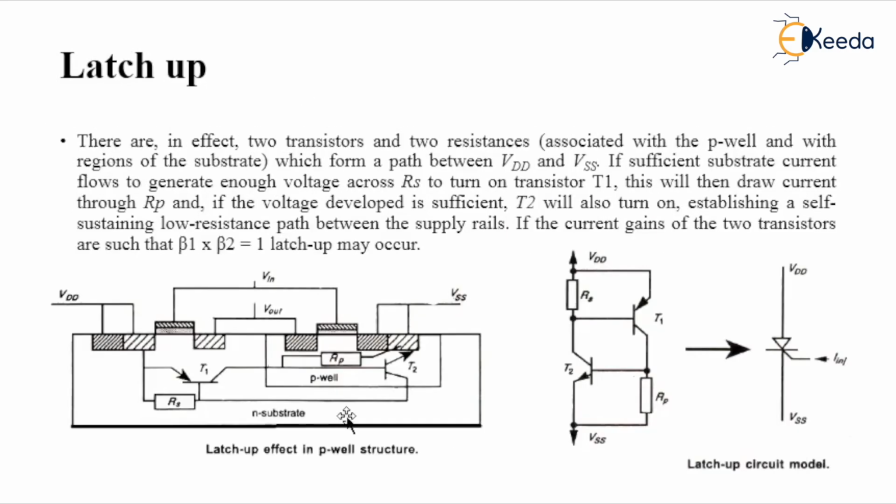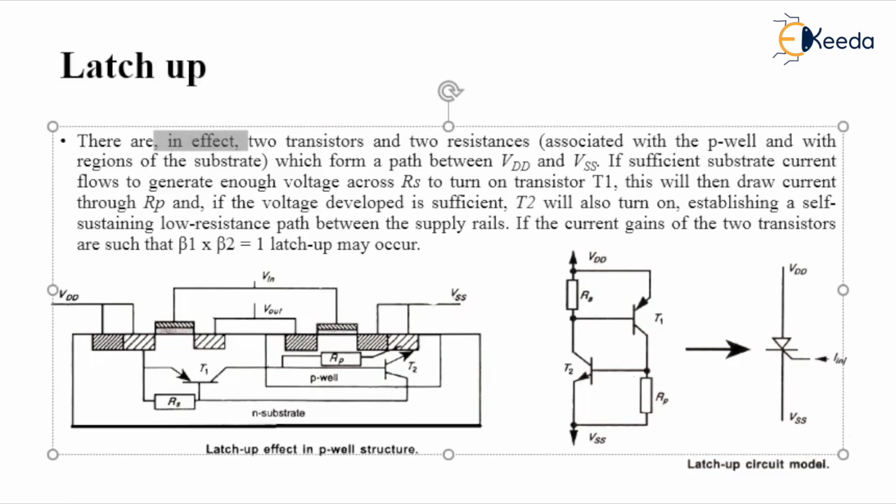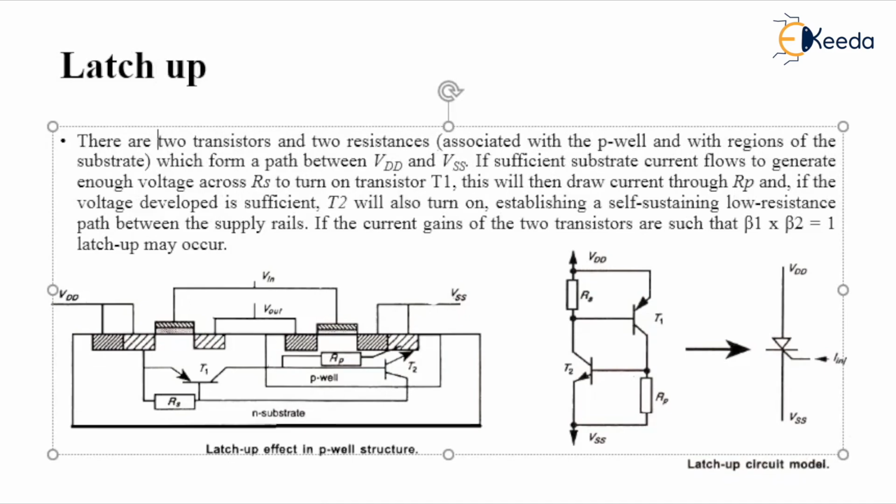Here, if you see the picture clearly, this is the latch up effect in the P well substrate. There are two transistors and two resistors.